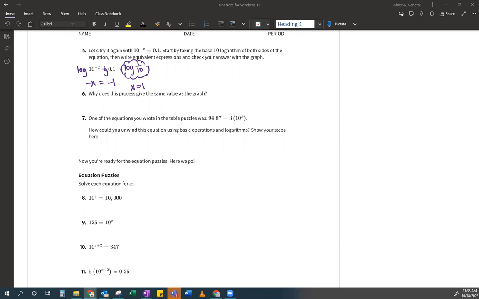When I take the log of both sides, does anybody see the difference in this one? What's the one thing that's different for this problem?